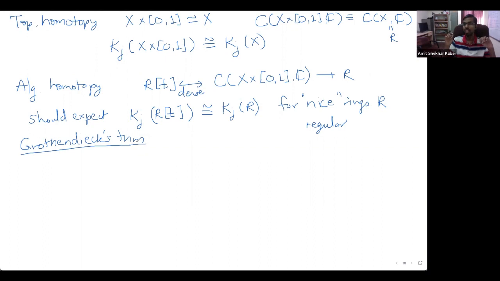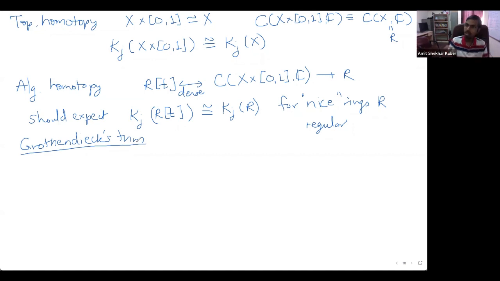Here I should say a few lines about how we are doing it. If the ring R is regular, then in particular it is Noetherian, and the ring of polynomials over a Noetherian ring is also Noetherian. This is the Hilbert basis theorem. Moreover, if the ring is regular, then Hilbert's syzygy theorem says that R[T] is also regular.